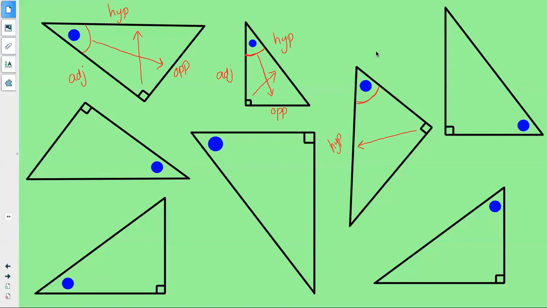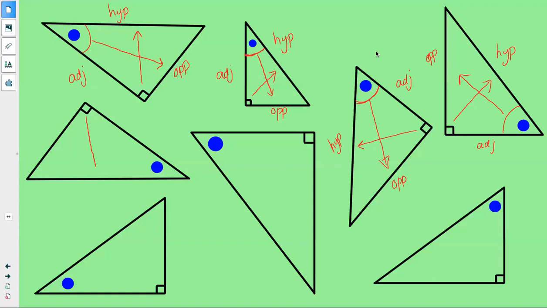This is the angle in question, so opposite that angle is the opposite side, and the last side is called the adjacent. Next one, across from the right angle is the hypotenuse. This is the angle we're using, so opposite that angle is called the opposite, and the last one is called the adjacent.